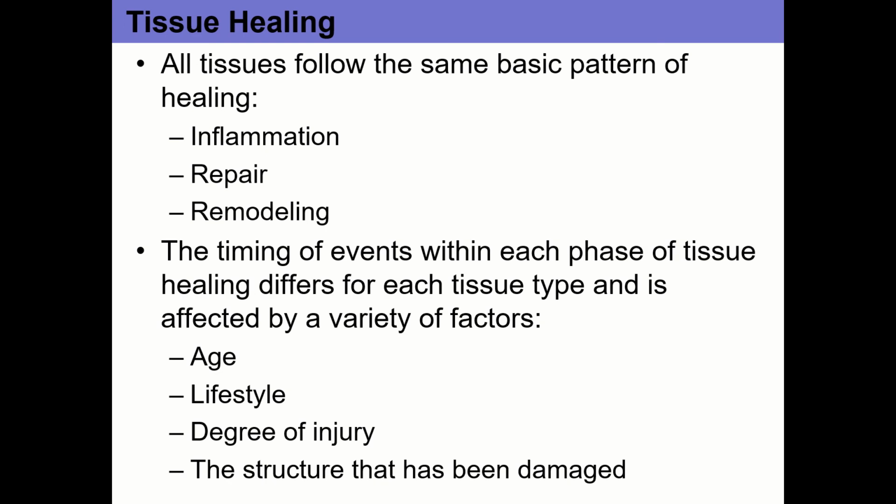How long each of those phases lasts varies, as I mentioned. It depends upon your age. Obviously, as you get older, so your more mature athletes, more like middle age or even later, it's going to take them longer to heal. For example, as we age, your tendons become less vascular, so they don't have a ton of blood vessels to begin with, but the number of blood vessels they have decreases with age.